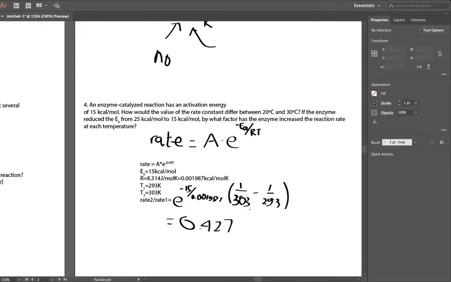So basically the ratio of rate 2 over rate 1 is 0.427, which means that I think I did something wrong. Wait, if the temperature gets higher, the number should get closer to 0.